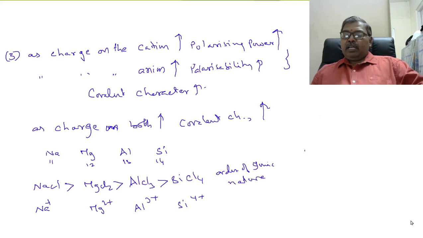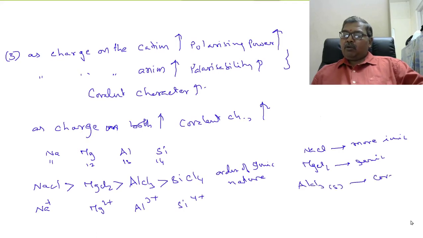So this is order of ionic nature. See, NaCl is more ionic. MgCl2 is also considered as ionic. AlCl3 in solid state is covalent, but in aqueous solution it is ionic, and SiCl4 is a covalent compound.